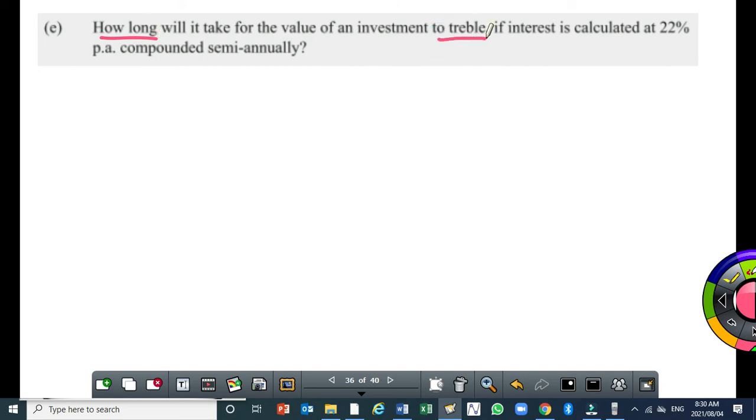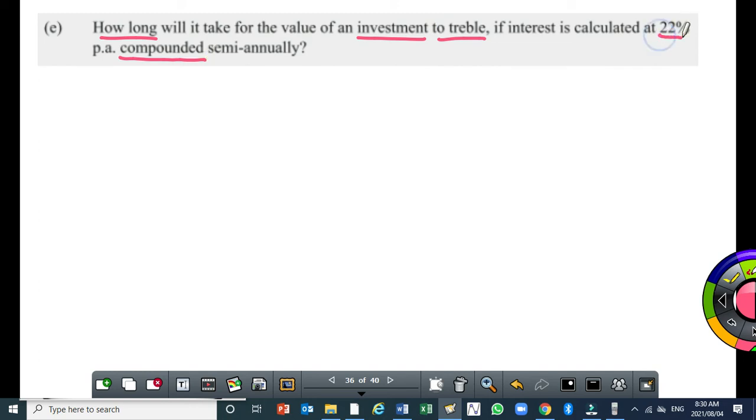Now, in this case, we don't have specific values for the initial amount which was invested. Because it's an investment, we are using the appreciation formula, and obviously it's the appreciation formula for compound interest.